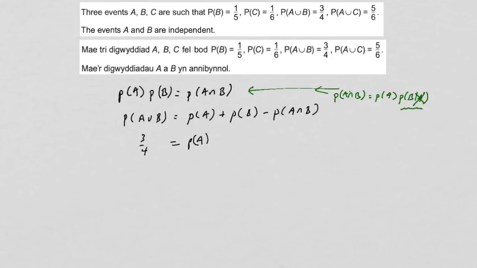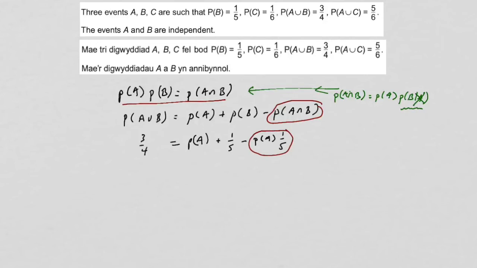The probability of B is 1/5. And by replacing P of A intersection B by P of A times P of B, we get P of A times 1/5 here. So that's using this formula to change this into this.